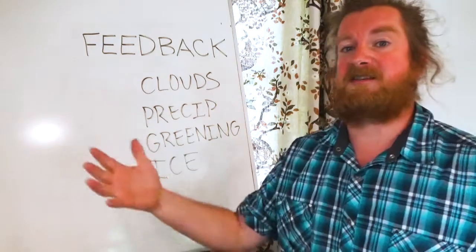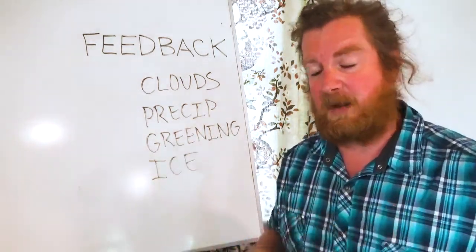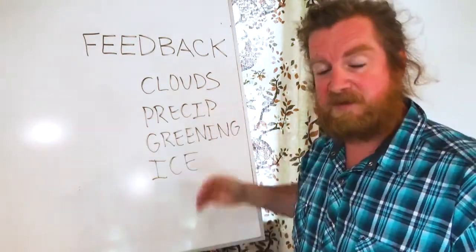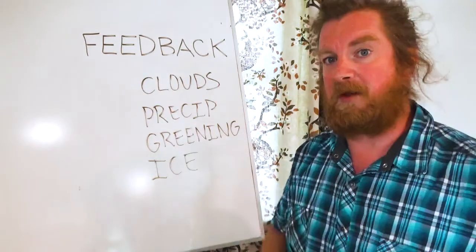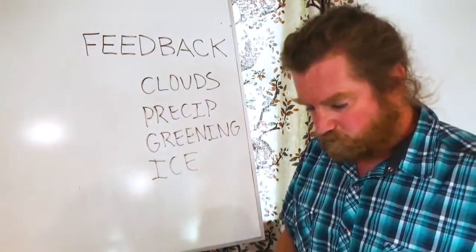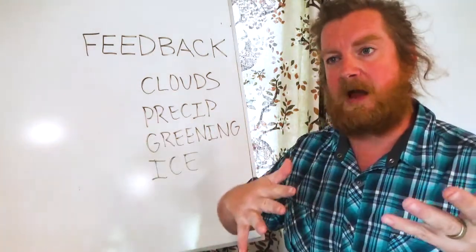Photosynthesis is a process by which CO2 is stripped out of the atmosphere and contained in plants. So with more plant growth tied to precipitation, we have CO2 being pulled out of the atmosphere. The greening of forests, again, is similar to the last one. Plant growth strips CO2 out.